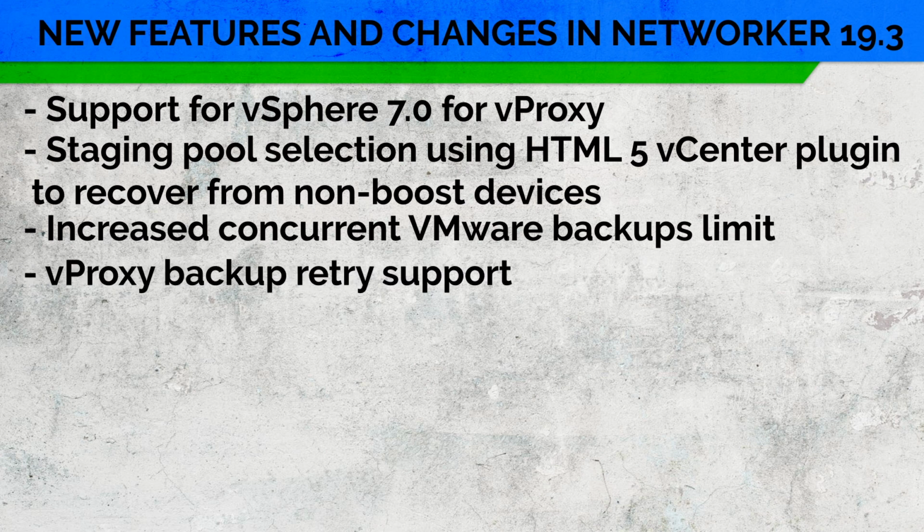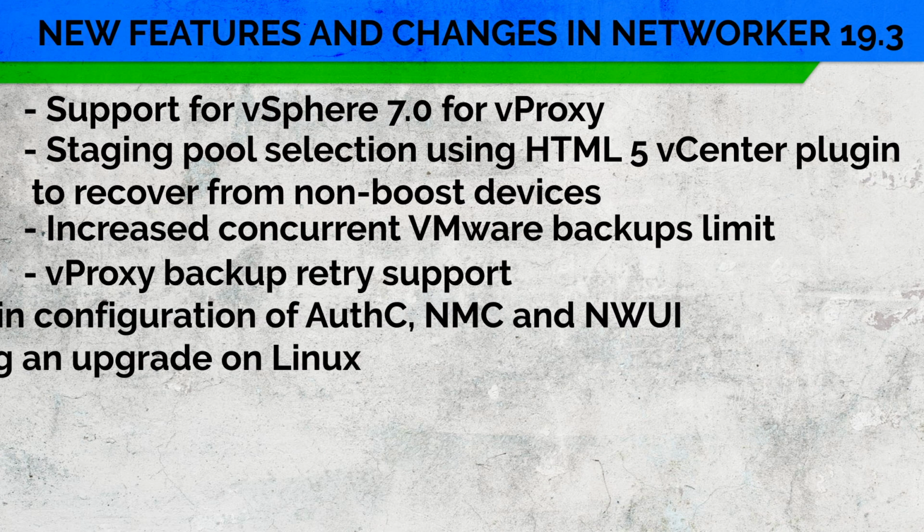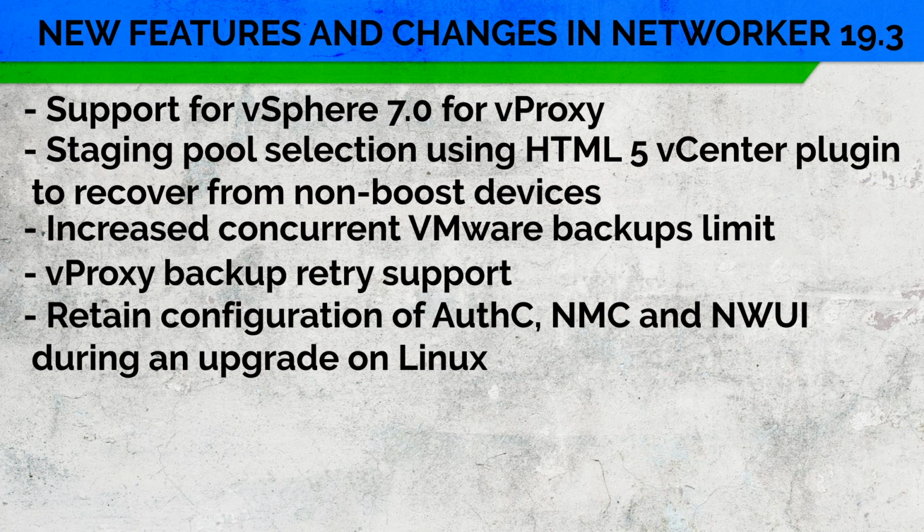vProxy backup retry support. NetWorker 19.3 supports retry for vProxy backup action. The default value for retry delay is 360 and the default value of retry count is 1. This next feature we have already seen during our upgrade process, which is retaining the configuration of OTC, NMC, and NMUI during an upgrade on Linux.